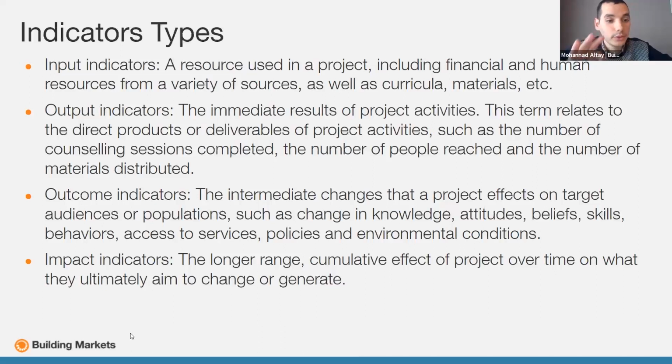Indicator type number 3 is the outcome indicators. This type of indicator refers to the intermediate change. This means what we did has resulted in a change. It refers to the intermediate changes that a project effects on the target audience, the people we are serving. I'm going to stop here before I go into more detail.